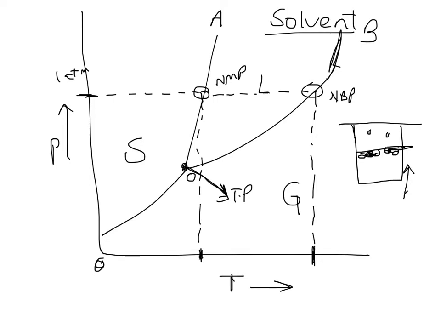You must supply additional energy to the system so that more and more molecules get into the vapor phase. Only when you heat this up, only when you supply energy, would you get to a point where you have more molecules in the vapor phase, and hence you can say that additional energy is required, or lowering in vapor pressure has occurred.